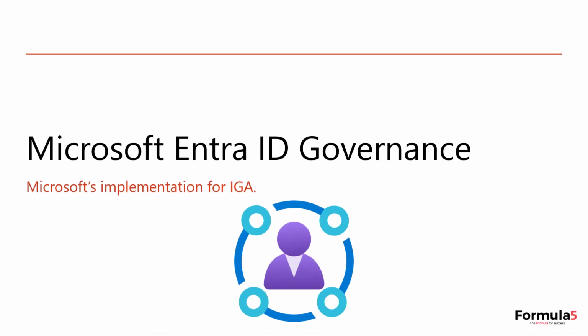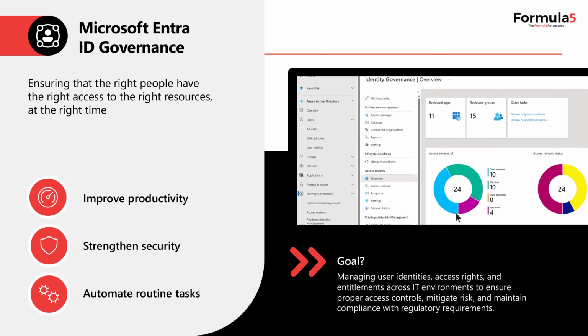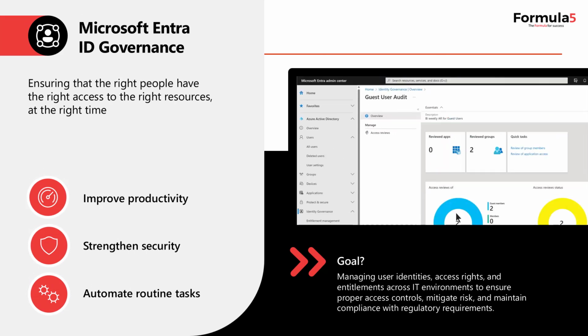So now let's talk about Microsoft Entra ID Governance, Microsoft's implementation for IGA. When we look at the Microsoft Entra products landscape, we can find many different kinds of products there, like Entra ID, External ID, Verified ID. But in this video, we are going to talk purely about the Microsoft Entra ID Governance product. So, what is Microsoft Entra ID Governance?